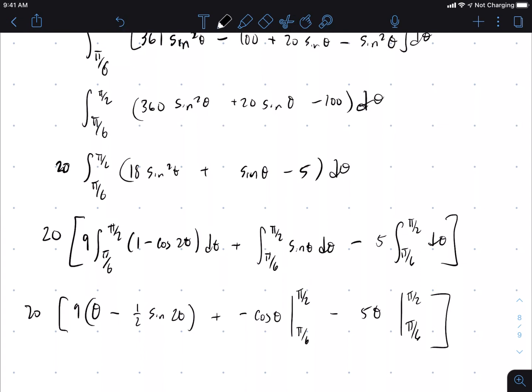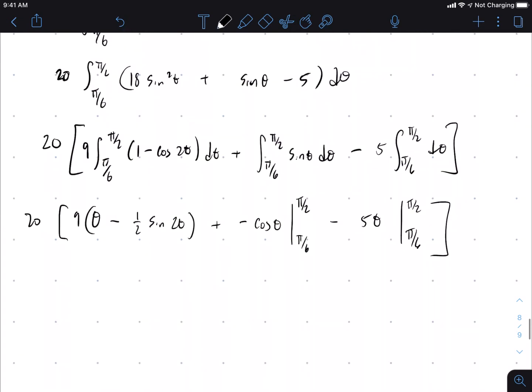And then it's just plugging in. Oh, Lord. Does someone want to plug it in and tell me what the answer is?